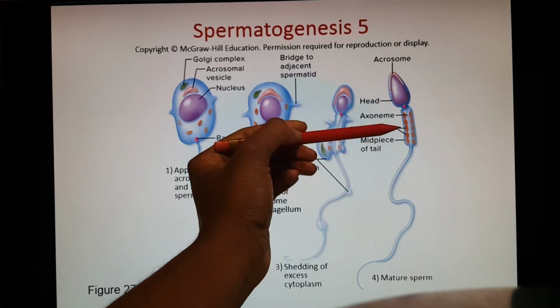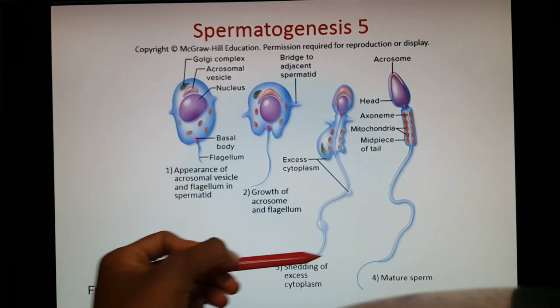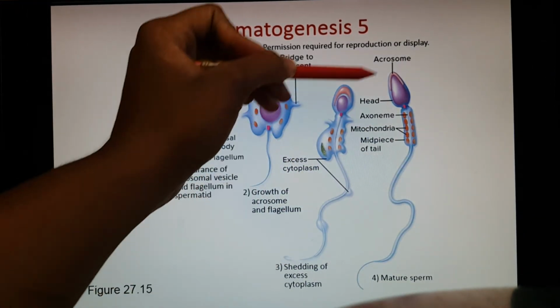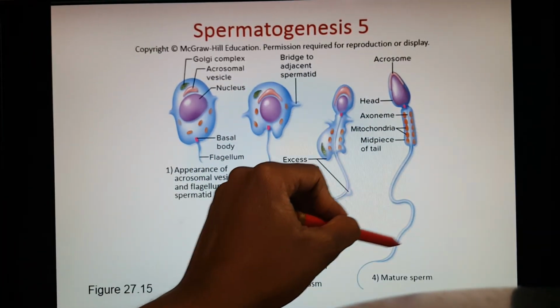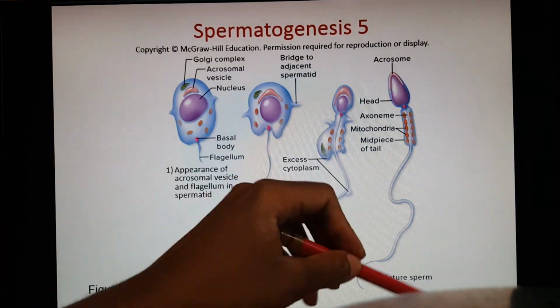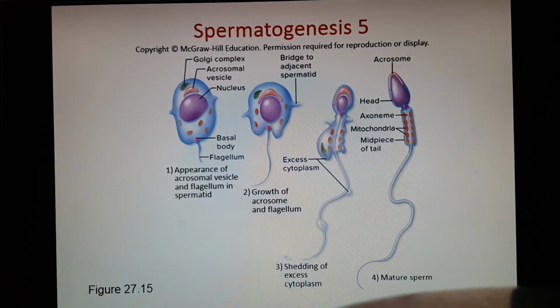So those mitochondria are moved into the mid-piece of the tail, and then as more and more excess cytoplasm is shed off, it makes an elongated tail, which allows it to have a good propulsion system so that it can swim and hopefully make it to the egg.